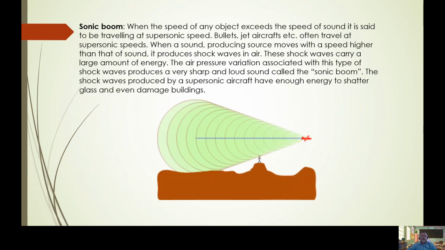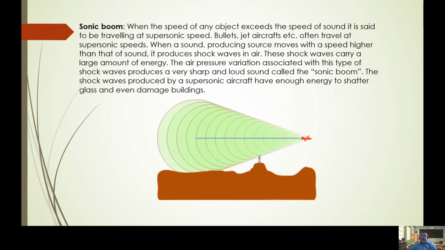What is a sonic boom? When the speed of any object exceeds the speed of sound, it is said to be traveling at supersonic speed. Bullets, jets, etc. often travel at supersonic speed. When a sound producing source moves with a higher speed than sound, it produces shock waves in the air. These shock waves carry a large amount of energy.